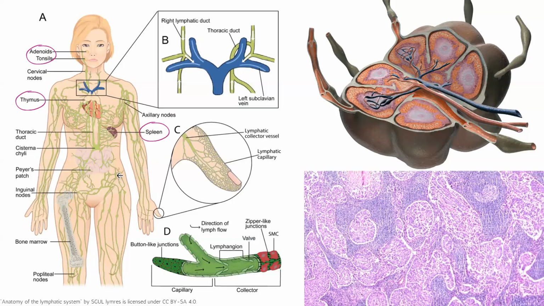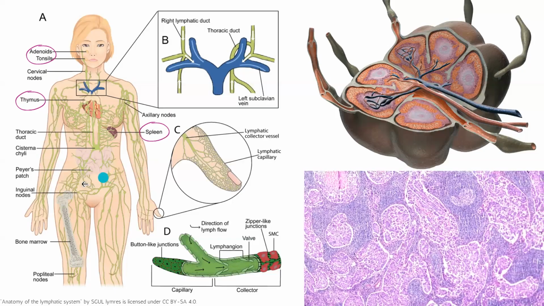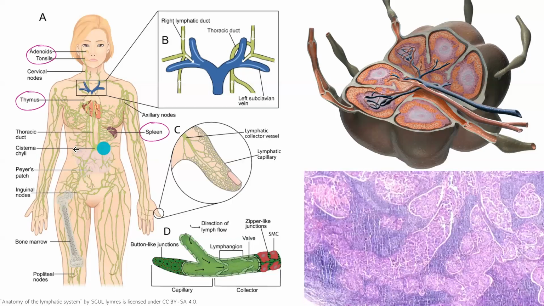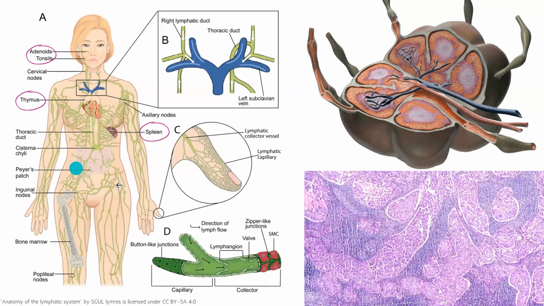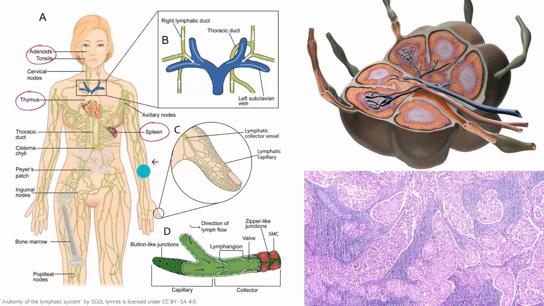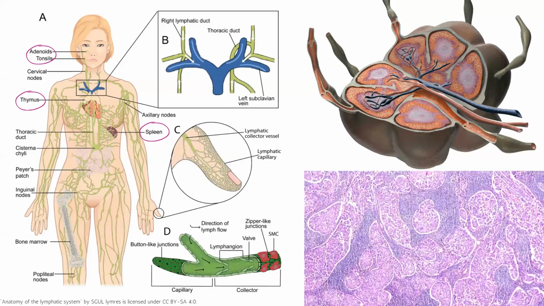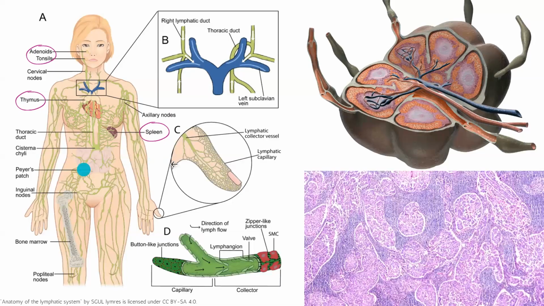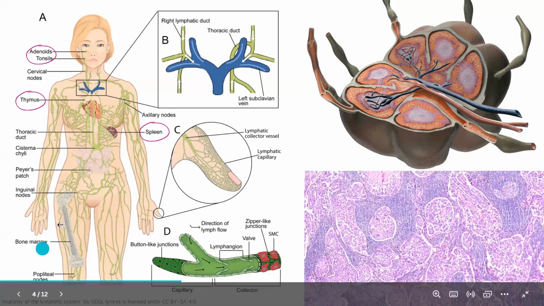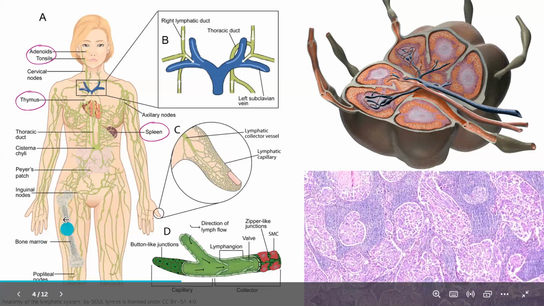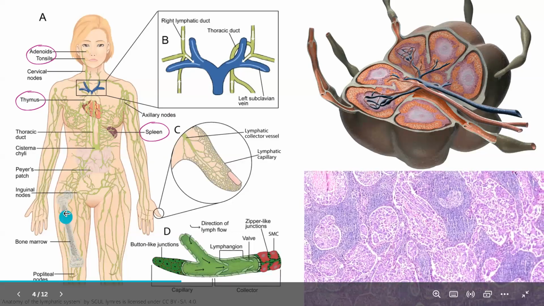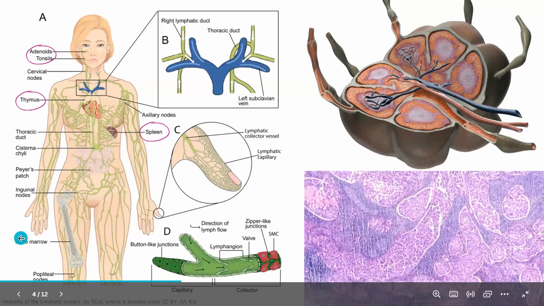One other thing I want to point out here that you'll see in a future chapter possibly is these Peyer's patches. And so Peyer's patches are little tiny patches of lymphatic tissue that are found in our small intestine. So that's what that's pointing to with that Peyer's patch. They highlight bone marrow on here as well, because this is where some of our white blood cells get their start, is in the bone marrow.